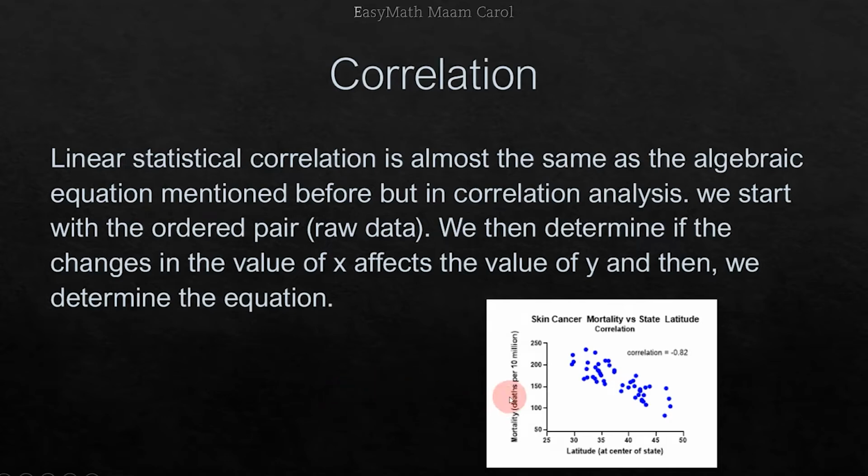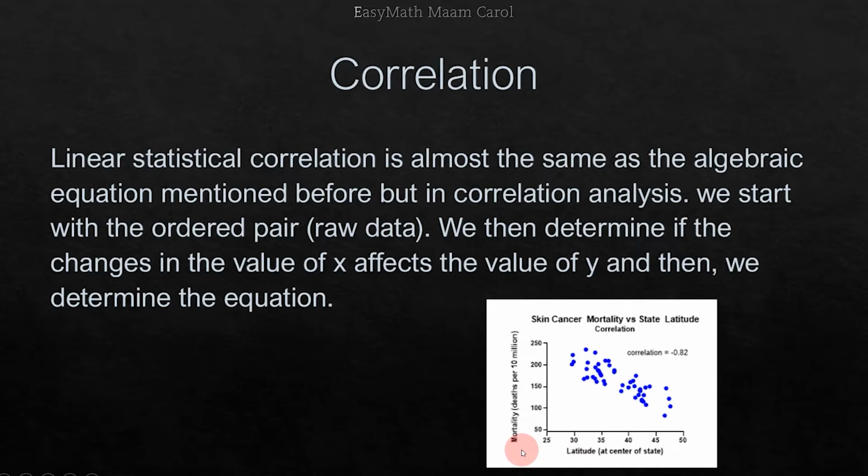So, this one is actually visualization ng relationship or value ng x at saka value ng y. X is latitude. Okay? Yung height ng kinatitirahan niya. So, meron kasing tao na nakatira sa may bulubundukin, meron naman dun sa kapatagan.